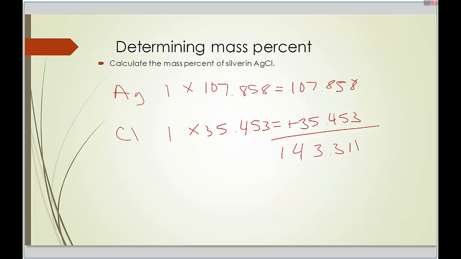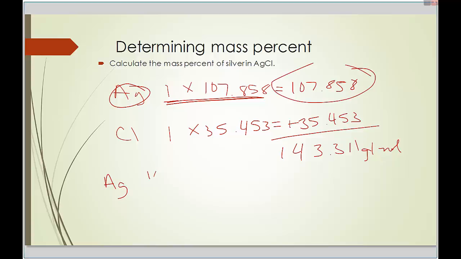grams per mole. Now, if you're looking at the mass percent, you're looking at how much silver is in this one compound, how much chlorine is in this one compound. So what you want to do is you want to look at the percentage. So you're going to take just the silver. So whatever 1 times whatever the mass is, whatever that equals is going to be on the top, divided by the total molar mass, times 100.